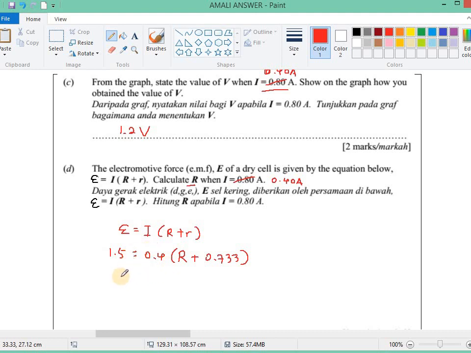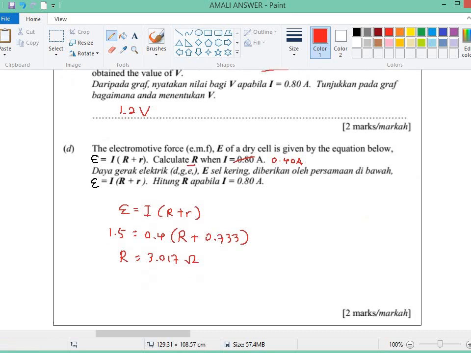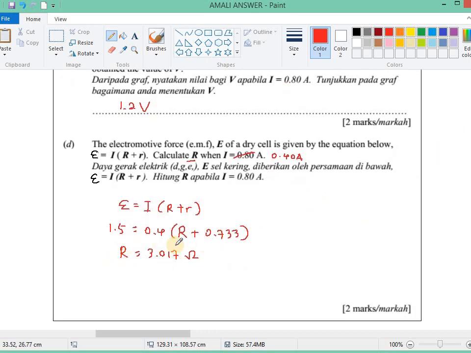Okay, so you solve this and then you should get R equals to 3.017 ohm. So that means this R is the resistance of the rheostat when the current is 0.4 ampere.